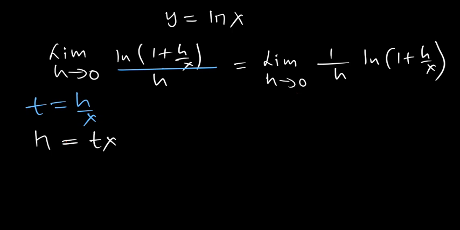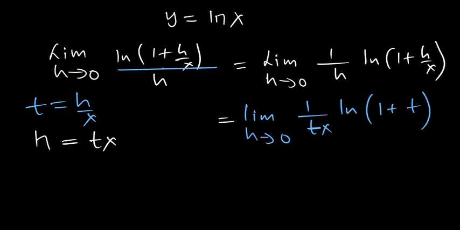So let's substitute the limit as h approaches 0, and then for 1 over h we're going to have 1 over tx, and then the natural log of 1 plus h over x, which is a t from what we've said there.